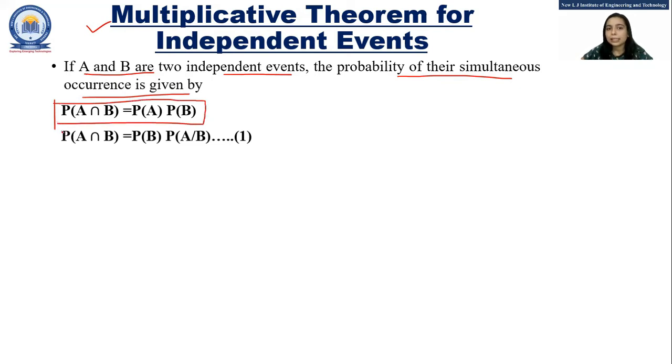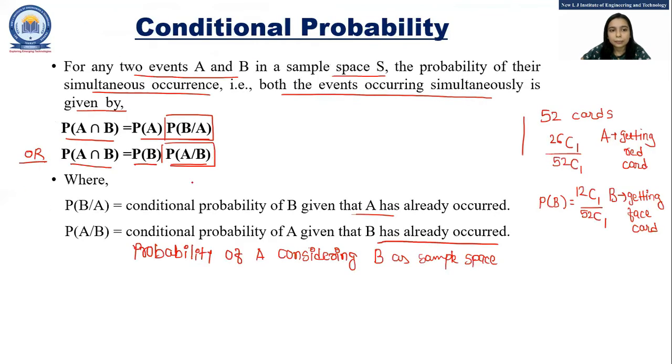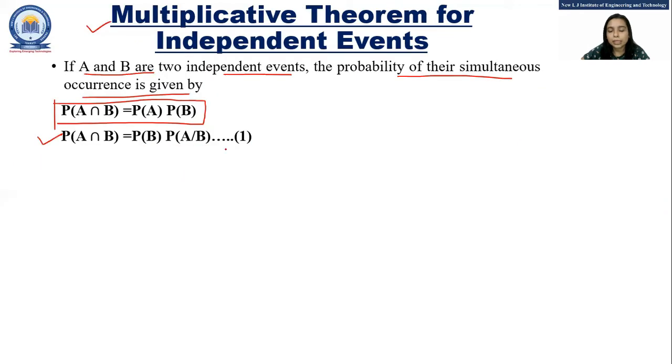Now, simultaneous events could be independent and dependent as well. Here we are discussing independent events. This equation we have already seen in the last slide, so here we are using it to prove this theorem.